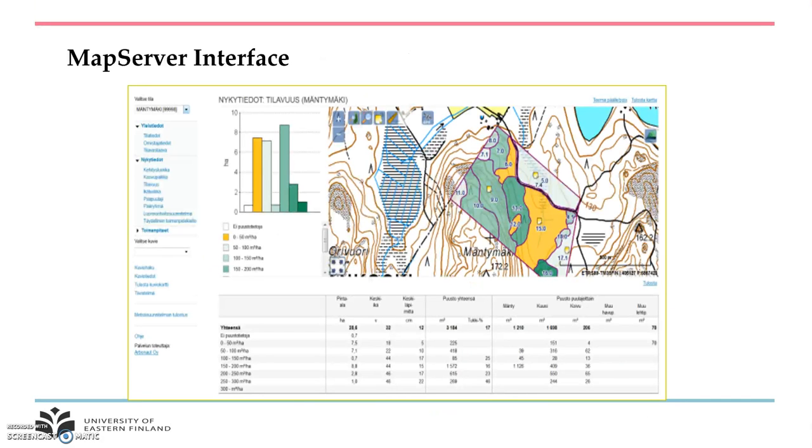GIS systems themselves are developing all the time. The map server concept is used to share the data. Companies are offering their own map server concepts for forest owners, and these user interfaces are now tailored quite heavily for non-professional users.